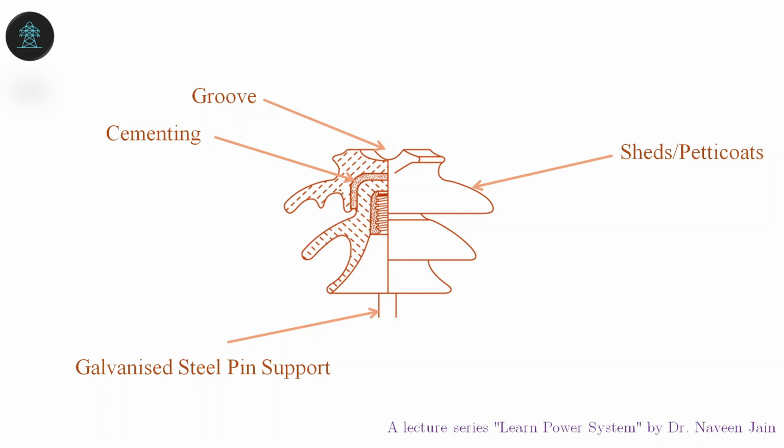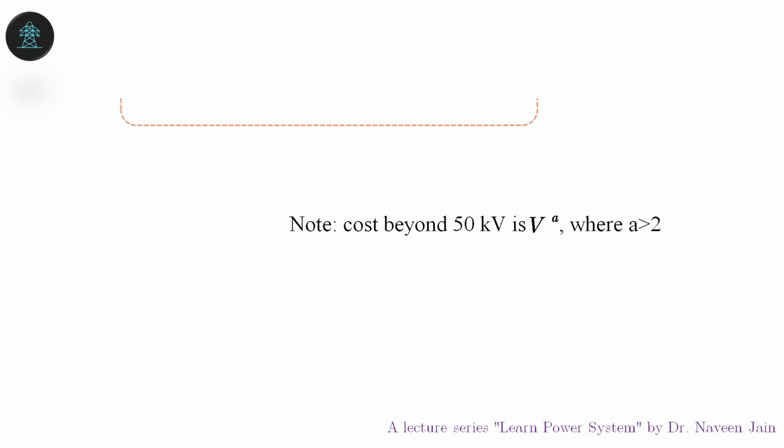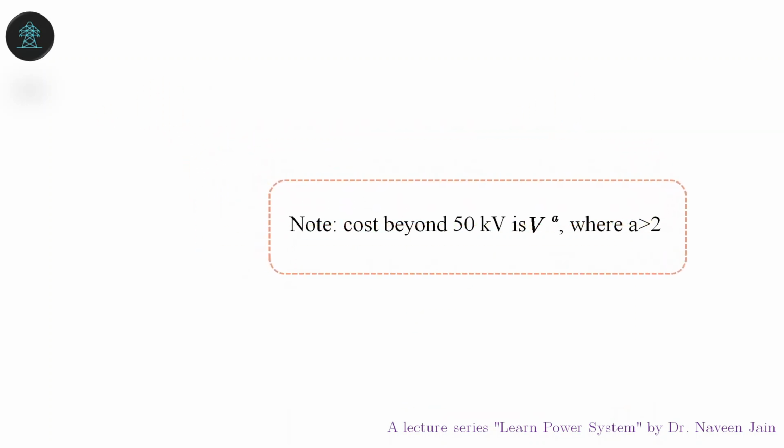These shades basically increase the leakage resistance. Again, it is observed that the cost of a pin type insulator increases rapidly beyond 50 kV, as the cost function is V raised to the power a, where a is greater than 2.